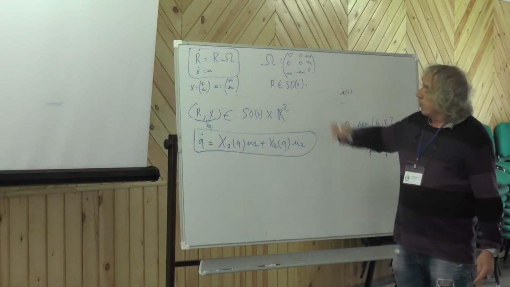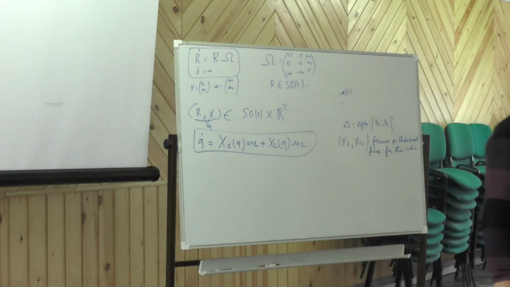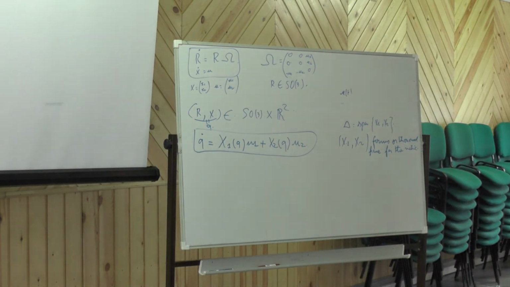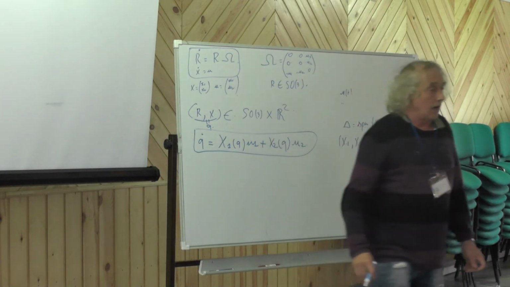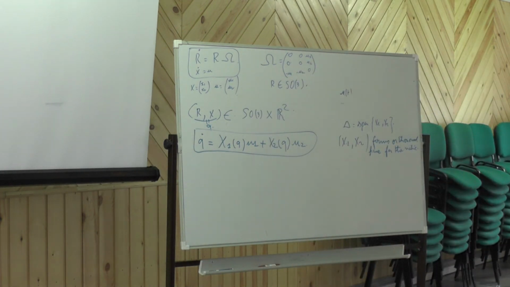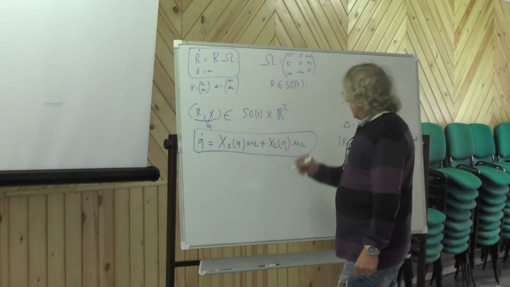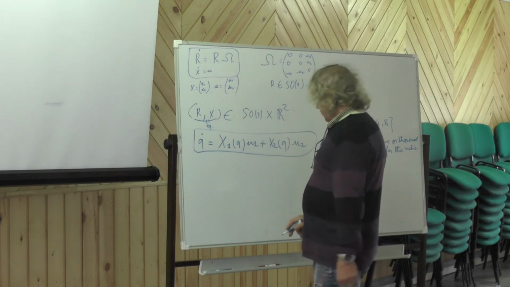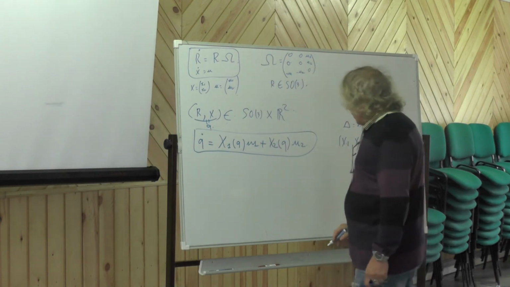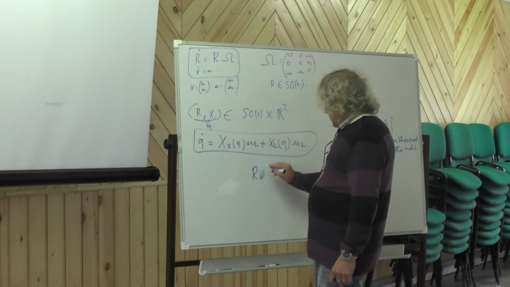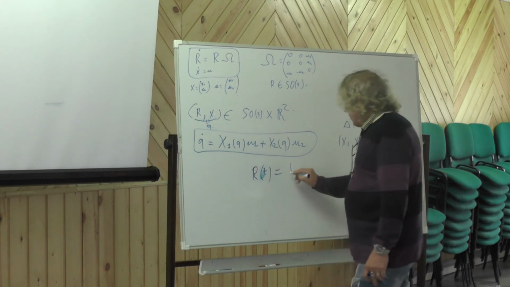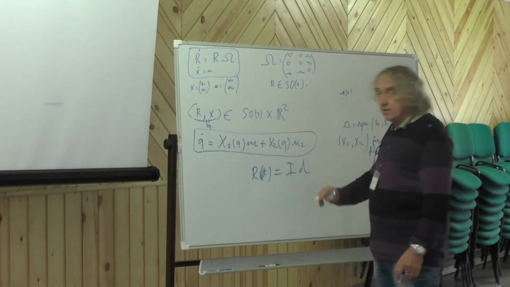Then this is the ball, and the trajectory that I want to approximate is a certain curve in SO3 times R2, and what curve was it in that case? It was a curve which is R of t, it remains the identity matrix.